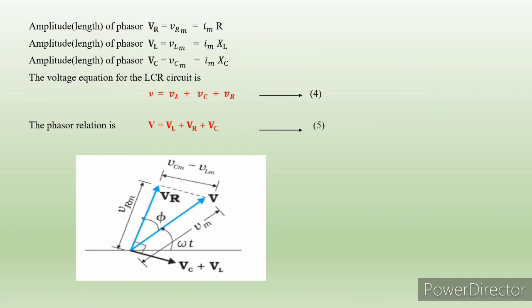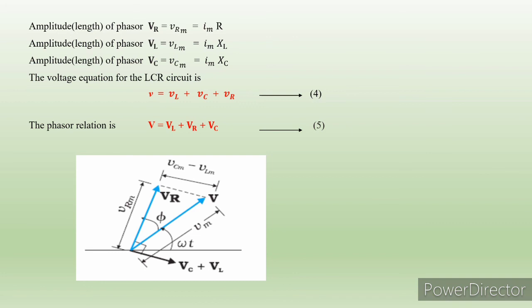That is, the amplitude or length of the vector VC was greater than that of the vector VL. But VC and VL are acting in opposite directions, and hence the resultant vector must have an amplitude equal to vector VC plus vector VL, that is equal to vector VC plus minus of VL.